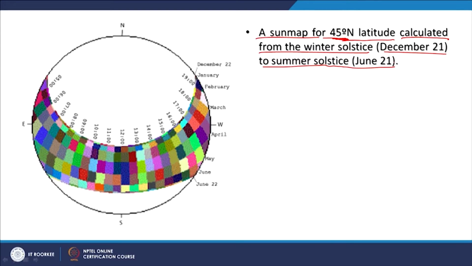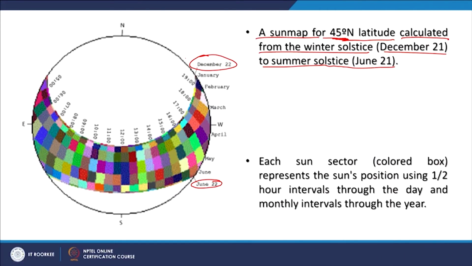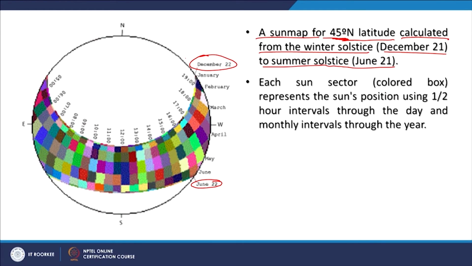Between these, as you can see, after this you have June 22 and you have December 22nd. In between, all these sectors represent all the information which we have just discussed. Of course, the hindrance part is not yet here; the effect of topography and features will also come. These are the sun sectors which you are seeing here.